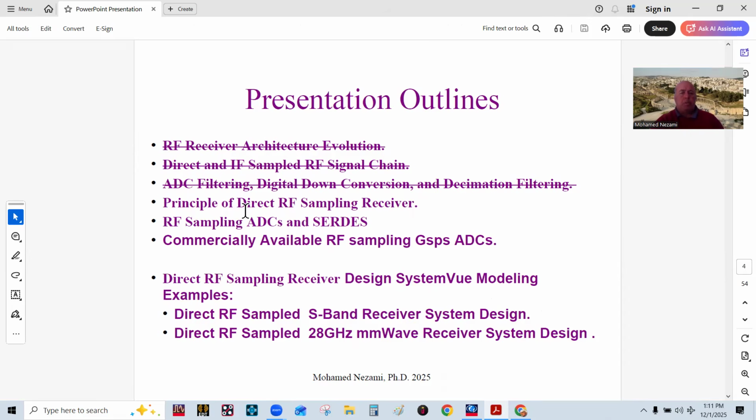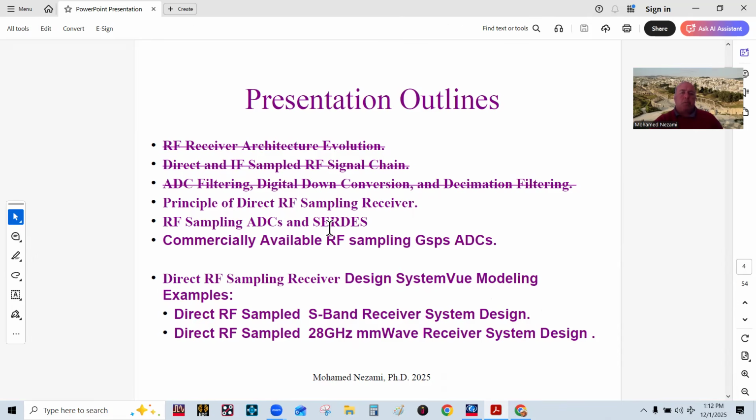Today we're going to continue on the principle of direct RF sampling receivers, and we're going to survey what you need to build a receiver for these, namely the SERDES, which are the high speed highway transporting hardware between the high-speed ADCs, multi-gigasamples per second, and the rest of the DSP system.